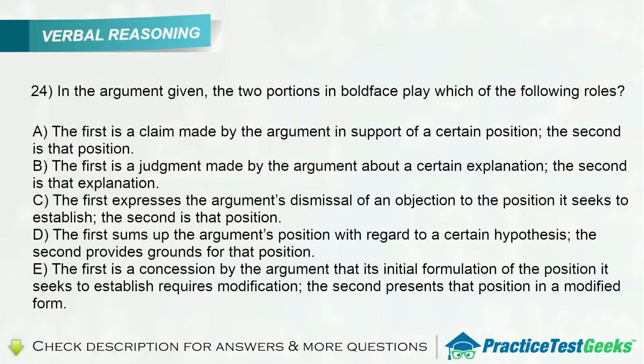C. The first expresses the argument's dismissal of an objection to the position it seeks to establish. The second is that position. D. The first sums up the argument's position with regard to a certain hypothesis. The second provides grounds for that position. E. The first is a concession by the argument that its initial formulation of the position it seeks to establish requires modification. The second presents that position in a modified form.